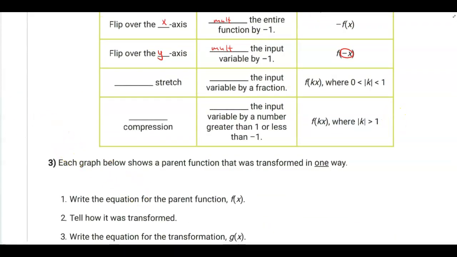Now, these next few, a lot of math texts don't go into this, but when we have a horizontal stretch, what we're doing is we're multiplying the input variable by a fraction. So this is when we're getting wider.